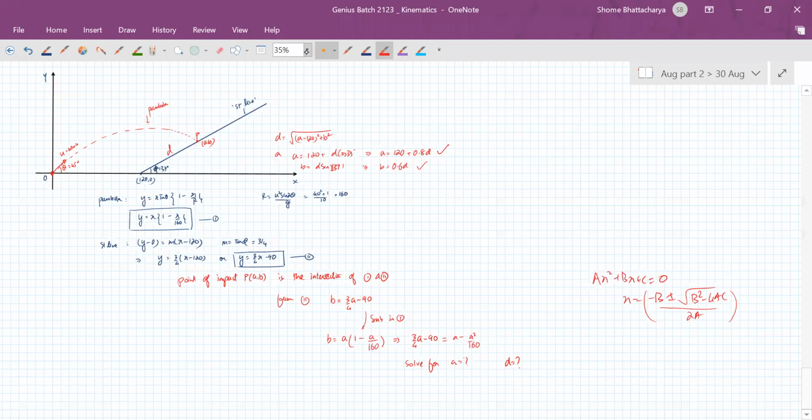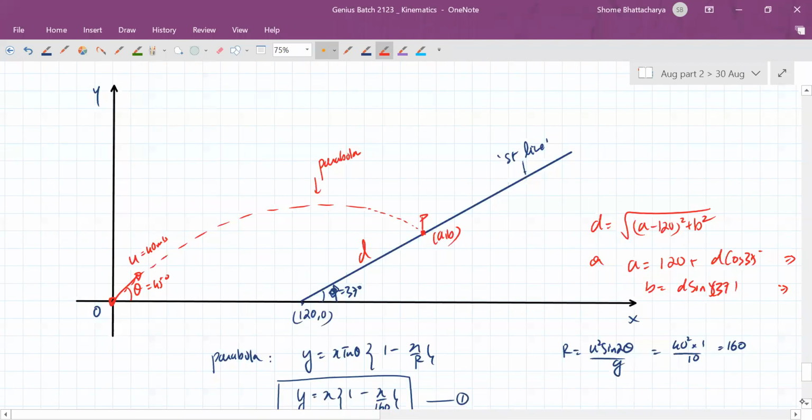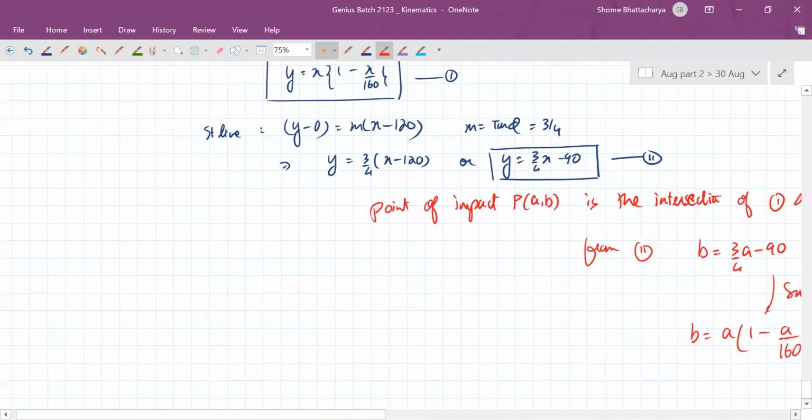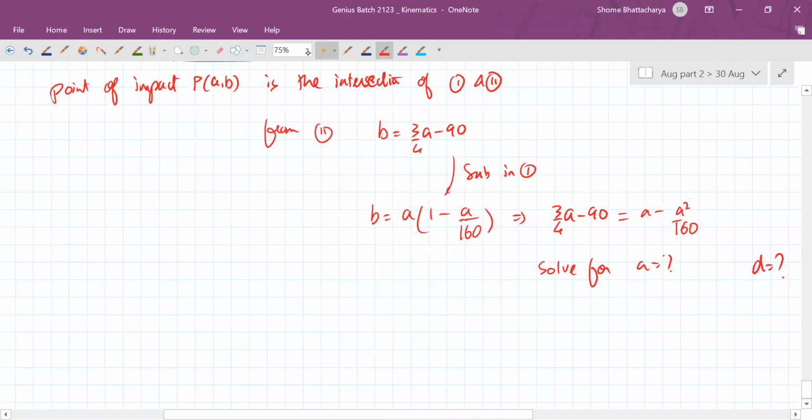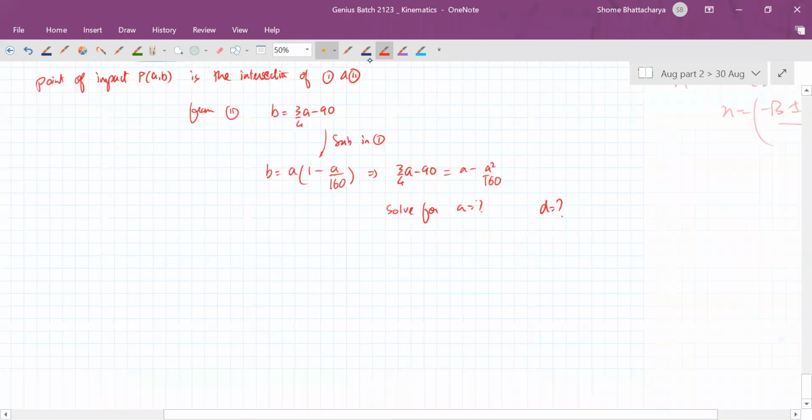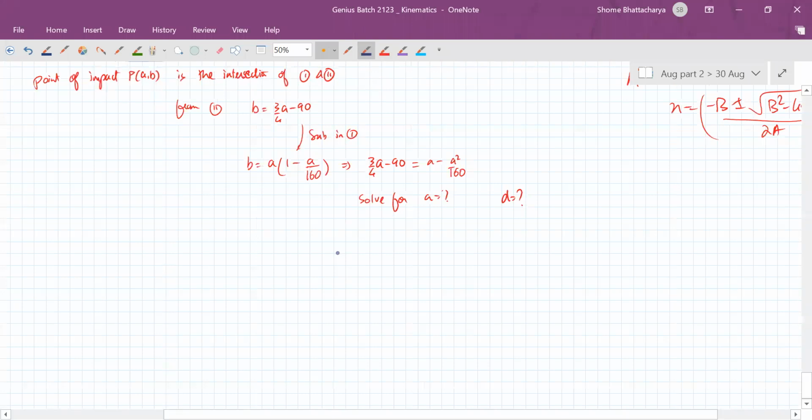Okay, so let me expand this term now. So let's see what we are getting here. Getting 3 by 4a minus 90 is equal to 160a minus a squared divided by 160.